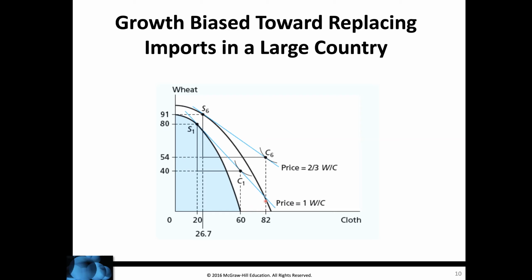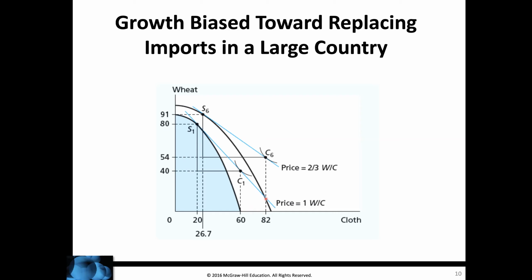So a large country can gain, as I mentioned before, in two ways from expanding its ability to produce the import competing good. Here we're talking about cloth.